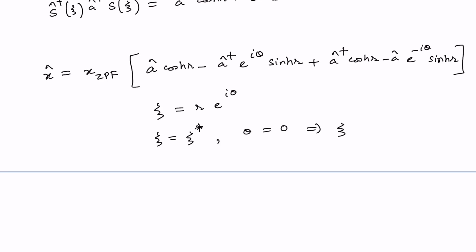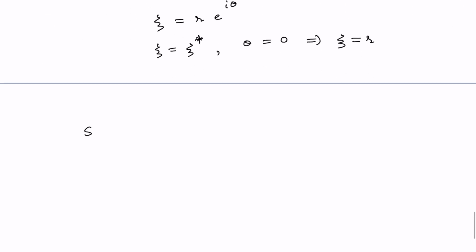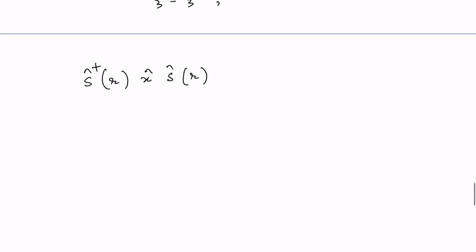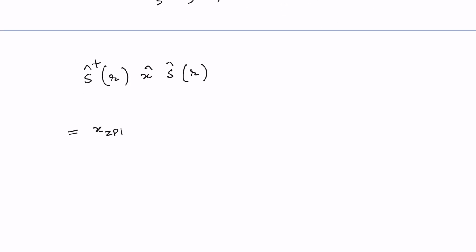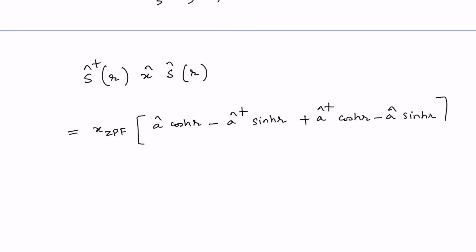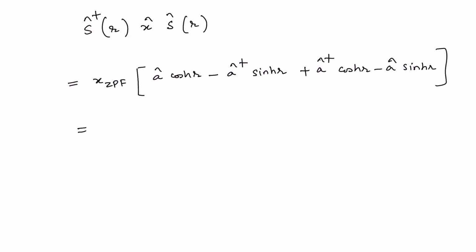That means xi is equal to r, and this is going to give me S dagger r x S r, that is x zero point fluctuation times a cosh r minus a dagger sinh r plus a dagger cosh r minus a sinh r. Let me take a common, x zero point fluctuation, let me have it here, and then let me accumulate the terms.